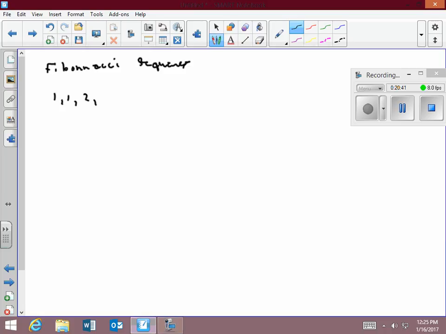So that would be 2, and then you'd have 3, then you'd have 5, then you'd have 8, 13, and then 21. And it just keeps going. So that is the Fibonacci sequence.